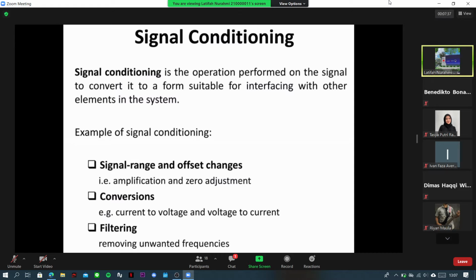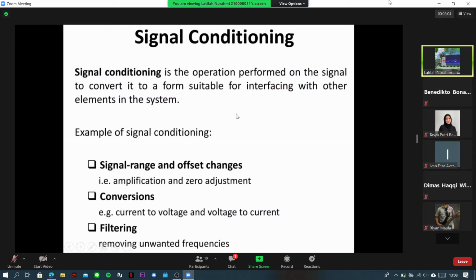But then this voltage can be very low, can have too much noise, and you don't need it in voltage, but instead you will need it in current, electric current, or etc. So that we need what we call signal conditioning.